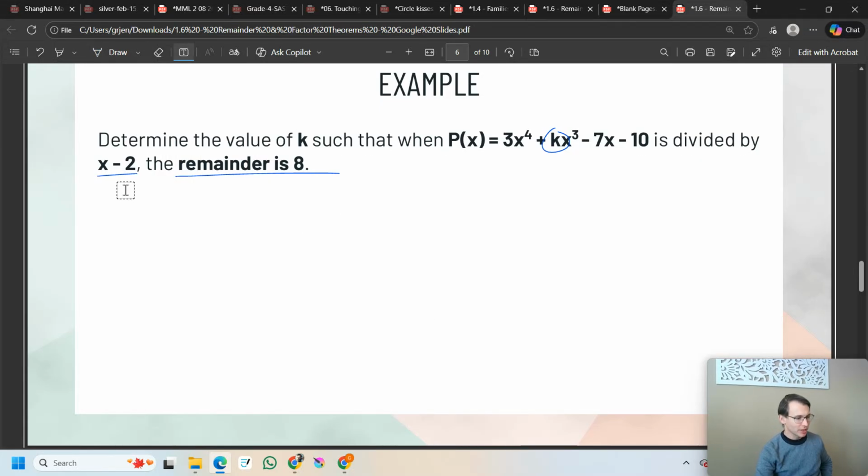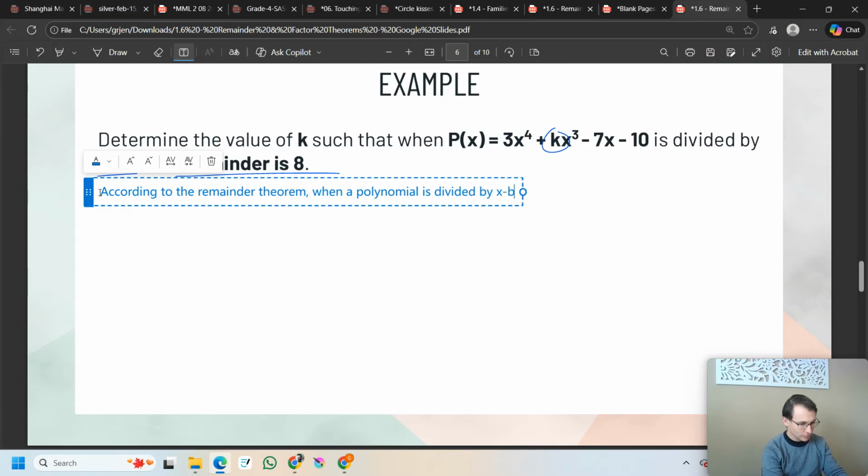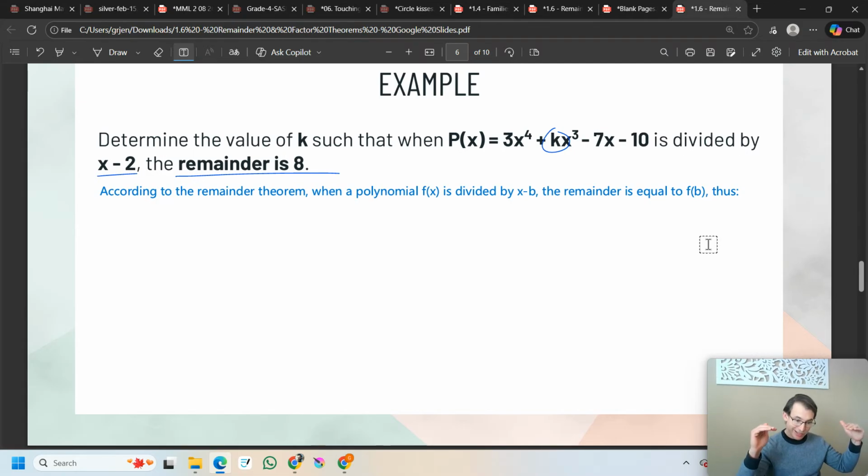So then we might say something like, when a polynomial f of x is divided by x minus b, the remainder is equal to f at b. Thus: so now, all the algebra that follows is based on that idea.